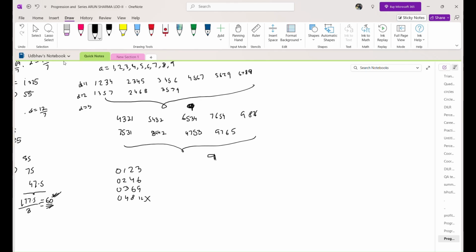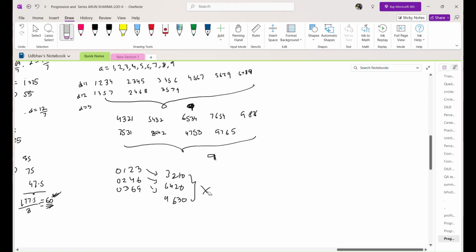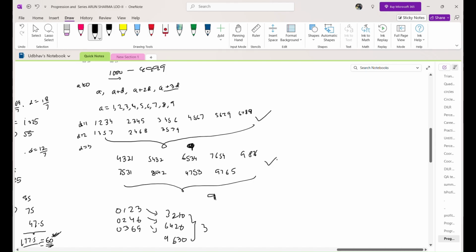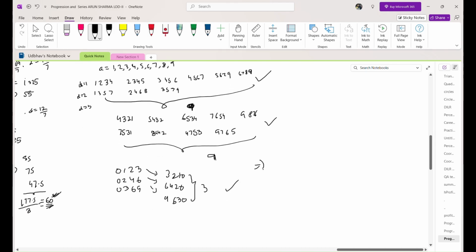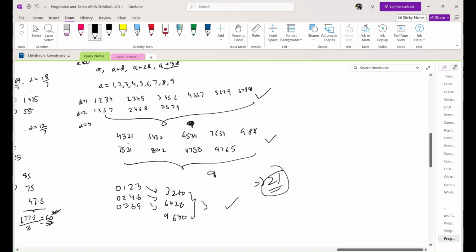So this won't be true. Now these are not 4-digit numbers, these are 3-digit numbers, but when we reverse them, 3210, 6420, 9630, these are indeed 4-digit numbers. So these are only 3. So this is 9, this is 9, and this is 3. So we get 21 numbers as such.